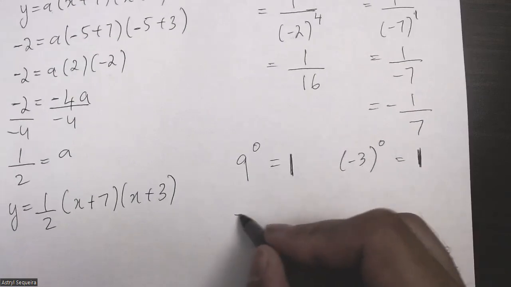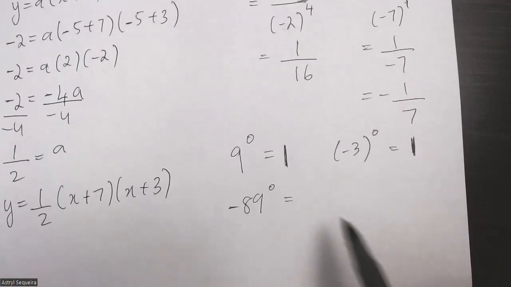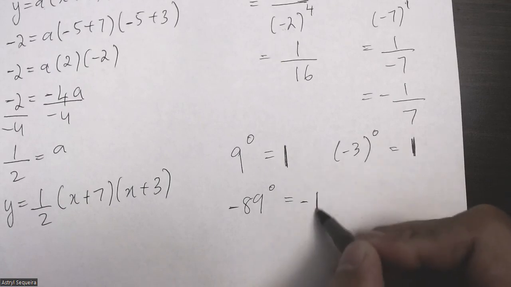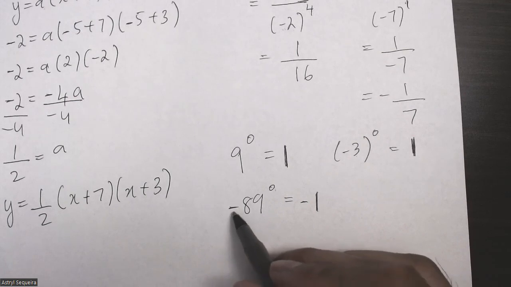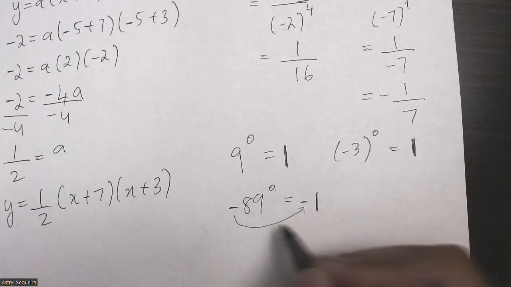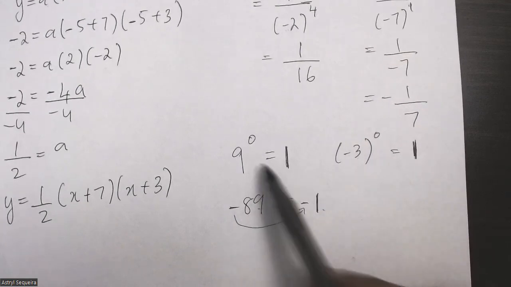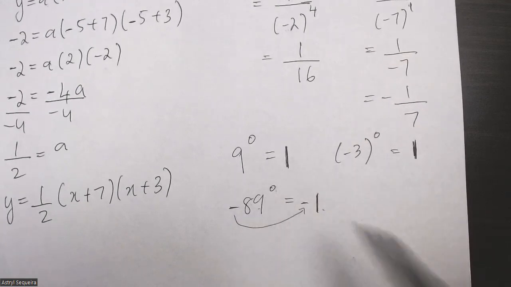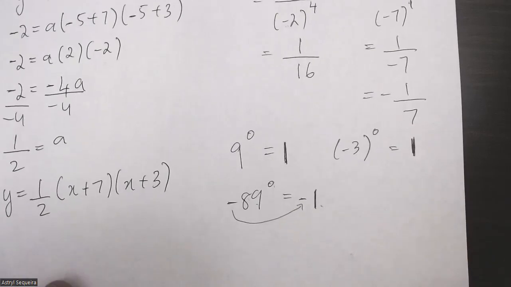And last one is negative 89 to the power of 0. So this one is actually going to be negative 1 because the 0 power only applies to the 89, not to the negative sign. So the negative sign stays the same, and 89 to the power of 0 is positive 1. So make sure you note these differences in these 3 questions and how this works. Pretty easy marks. It's not a trick question.